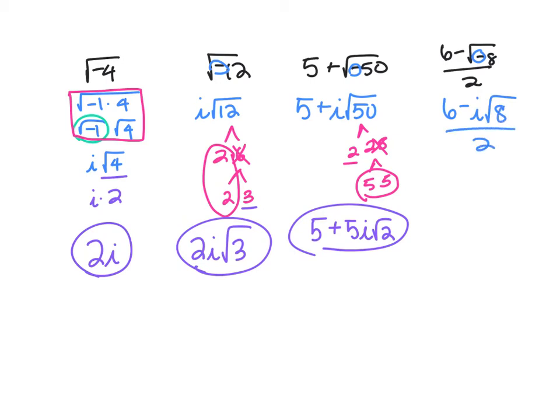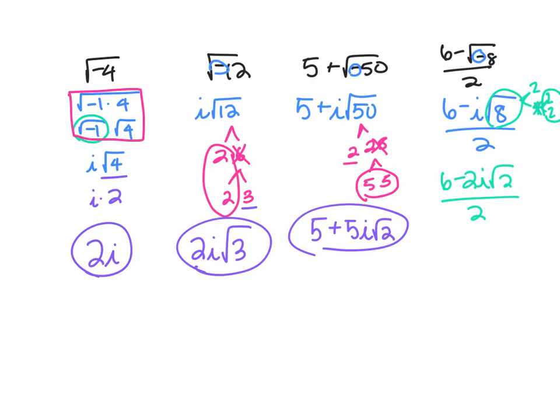If we couldn't simplify that 8, we could be done, but we can simplify that square root of 8. It can turn into 2 times 4, which is 2 times 2 times 2. So we can pull a pair of 2's out. So this turns into 6 minus 2i, there's still one 2 left inside, all over 2.